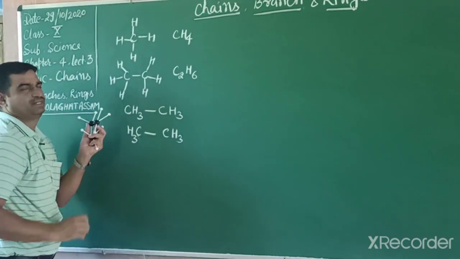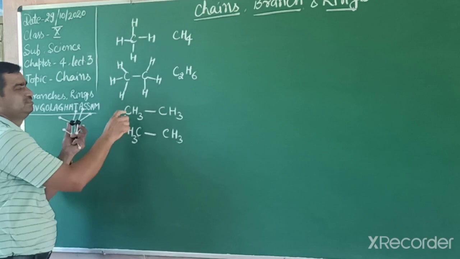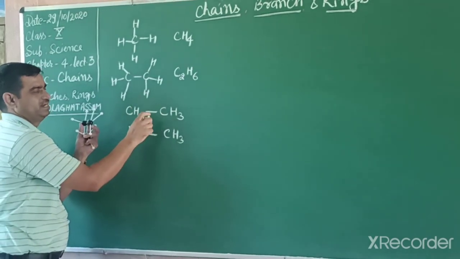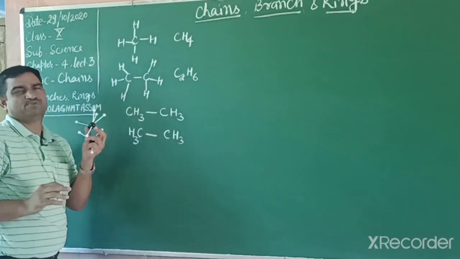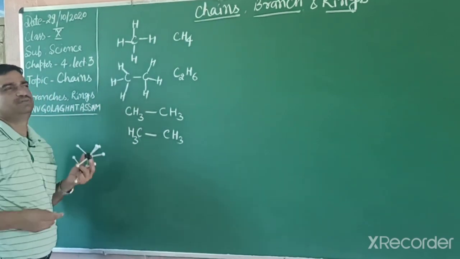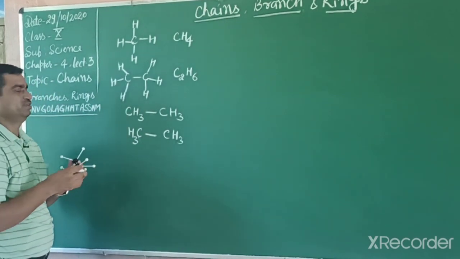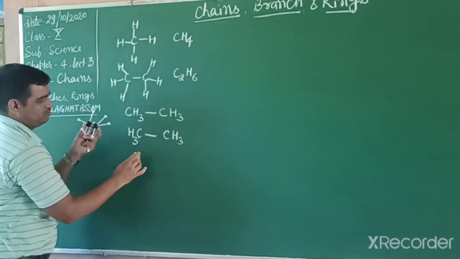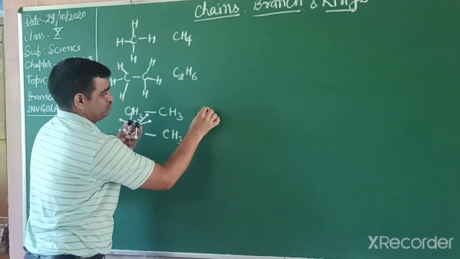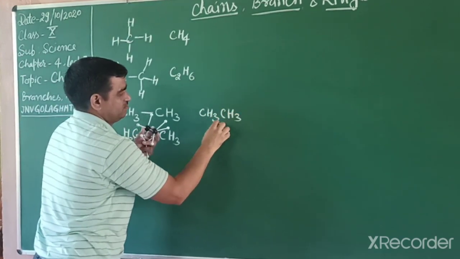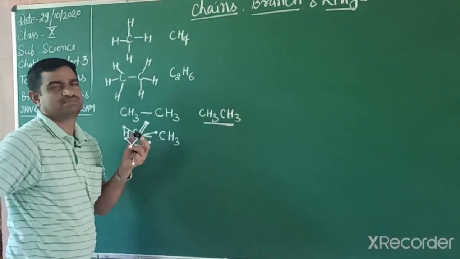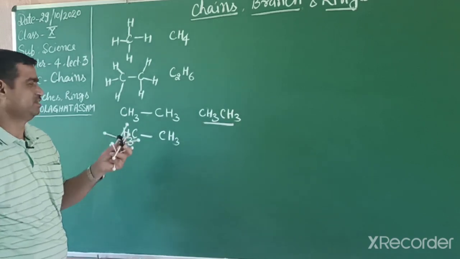Now we represent the compound like this, CH3, CH3, and this single bond is not pronounced when we write the formula. These compounds we can write in this way also, CH3, CH3, when we write the different chemical formula.